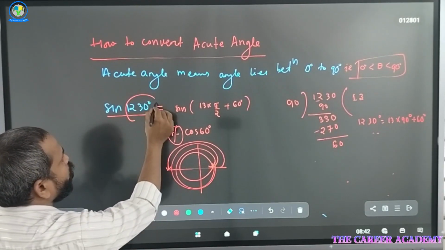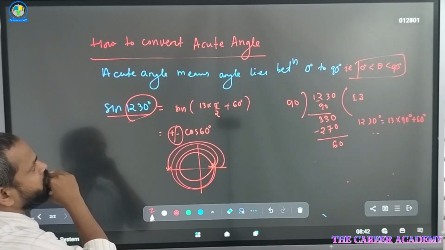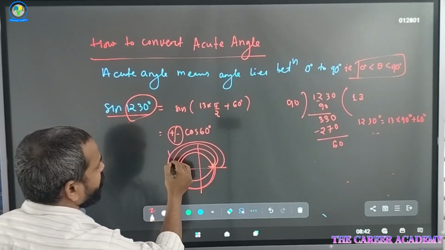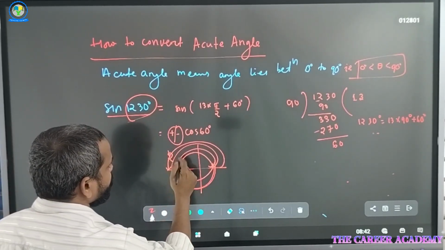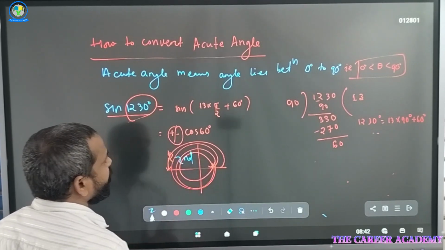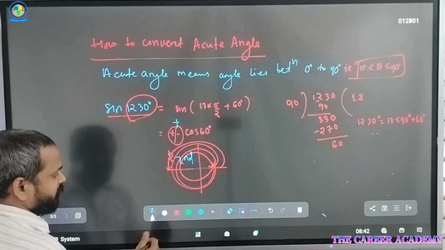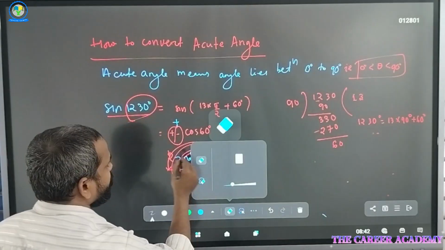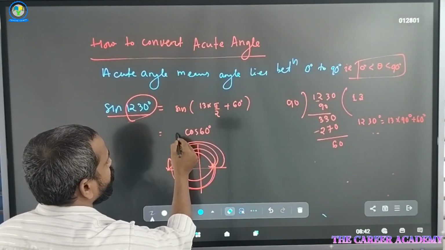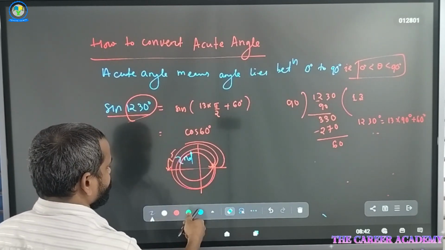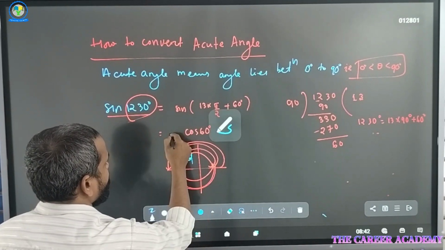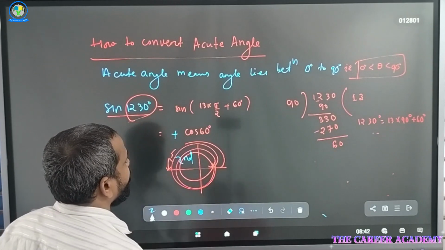See students, which quadrant does 1230 degree belong to? It belongs to the second quadrant. So in the second quadrant, what did we study about the sine value? It is positive. That means this is plus, this is plus 60 degree.